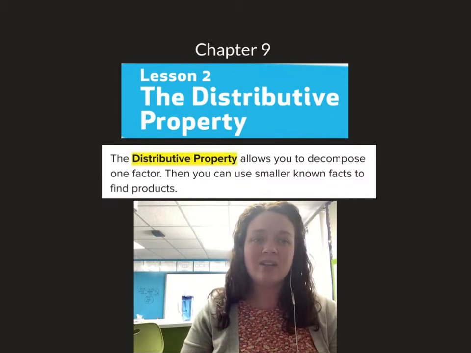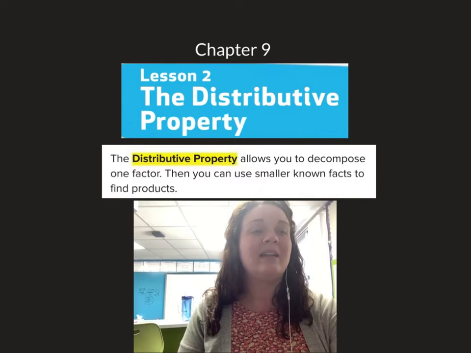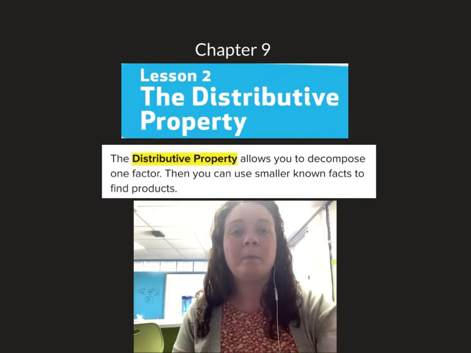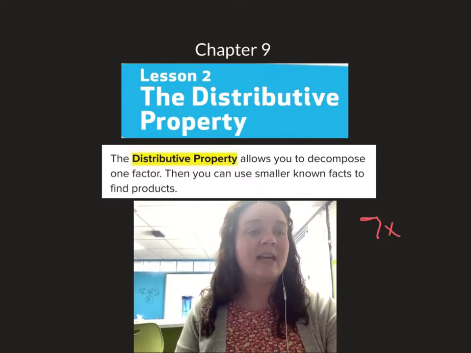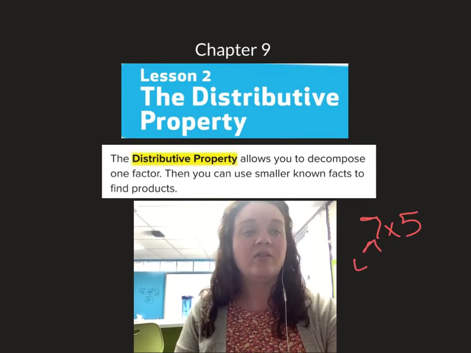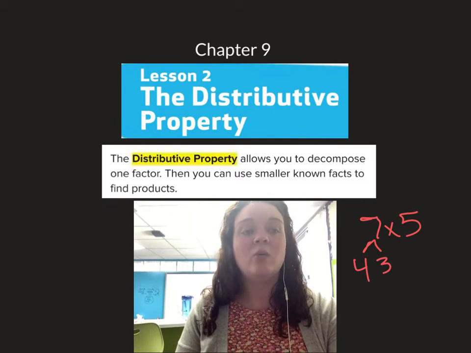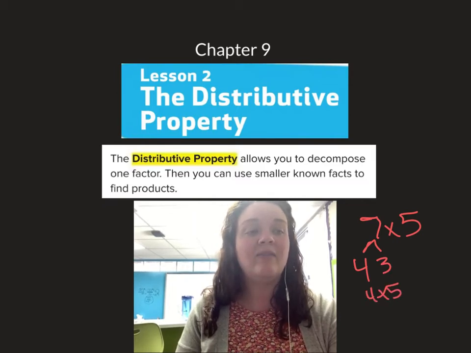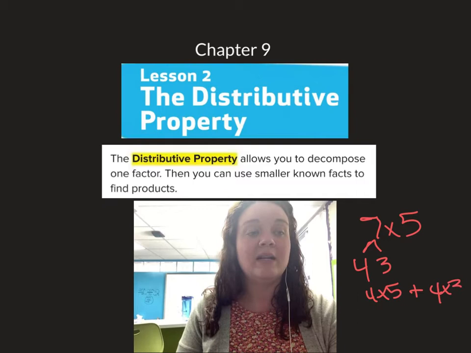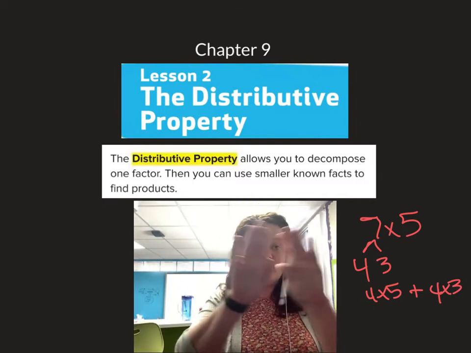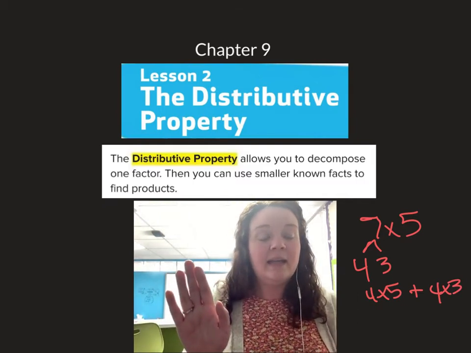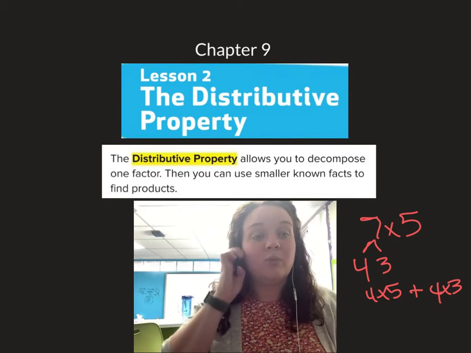Now, we've already done this when we did like 7 times 5. We broke 7 into 4 and 3, and then we did 4 times 5 plus 4 times 3, right? We decomposed, we broke apart the 7 in order to make our multiplication problem easier.